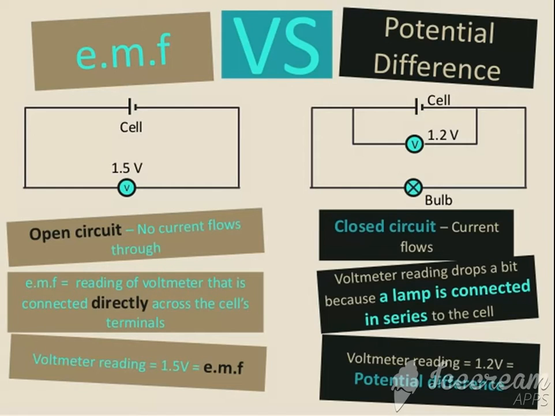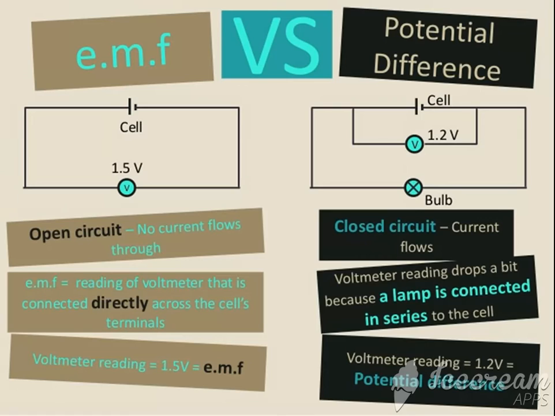The reason behind this potential drop is that every cell has some internal resistance. Now when the circuit is closed, the charge flows from one end towards the other end. As the cell has its own internal resistance, work has to be done to overcome that internal resistance, and that work is lost in the form of heat, or I can say some energy is lost during this process.